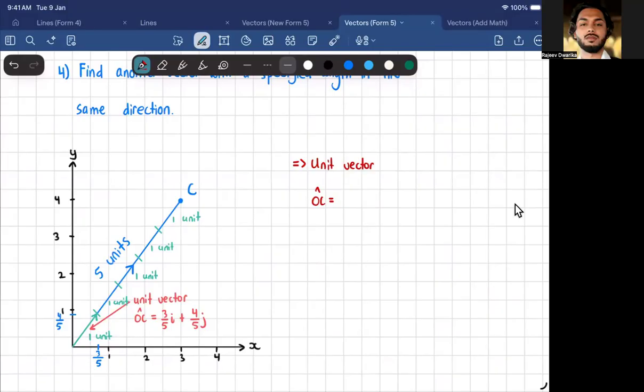And what was the magnitude of O to C? 5 units. 5 units, right? Great, great. So we'd end up with 3 over 5i plus 4 over 5j. Nice.